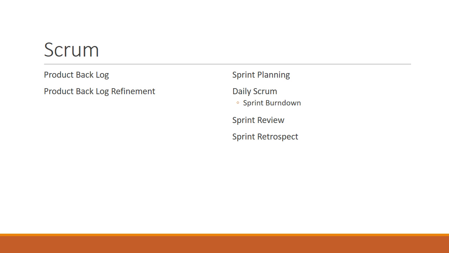Typically, once what goes in the sprint is negotiated, the team will sit down and identify the tasks associated with each one of the product backlog items, and also how long it'll take to complete those tasks.